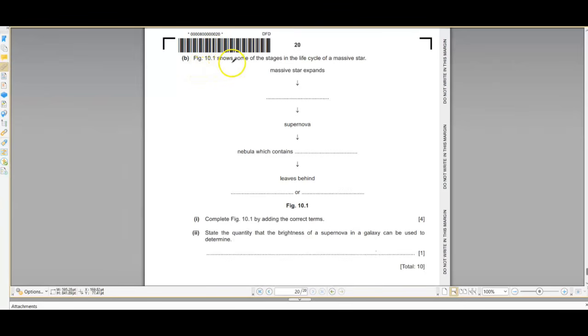Figure 10.1 shows some of the stages in the life cycle of a massive star. Okay. A massive star expands, and then what happens? Whenever a massive star expands, it becomes a red supergiant.